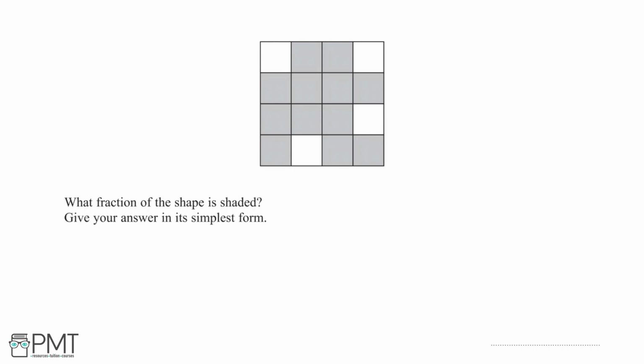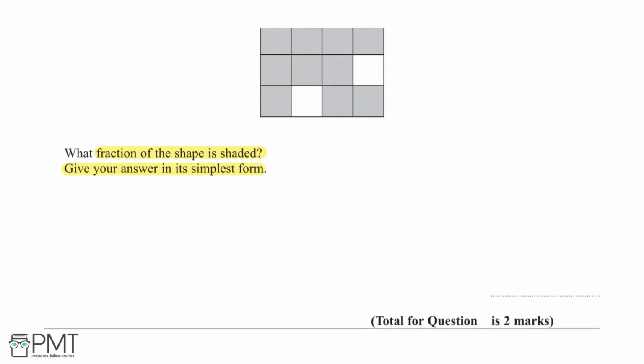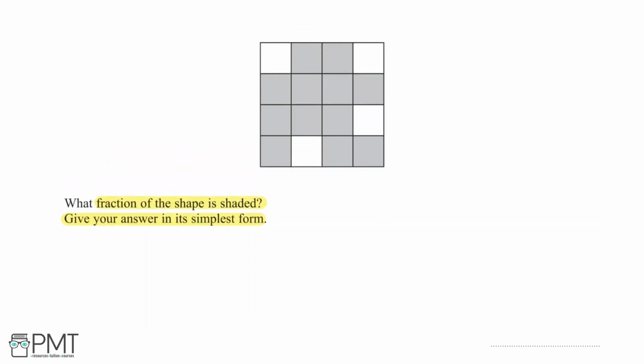We have been given a shape, and we have been asked what fraction of the shape is shaded, and we need to give our answer in the simplest form for 2 marks. Okay, so the fraction of the shape shaded is the number of shaded squares divided by the total number of squares.